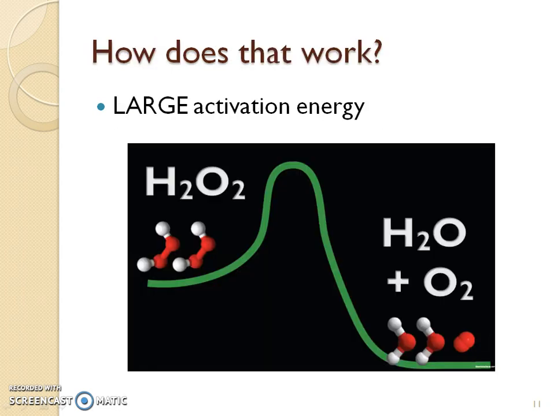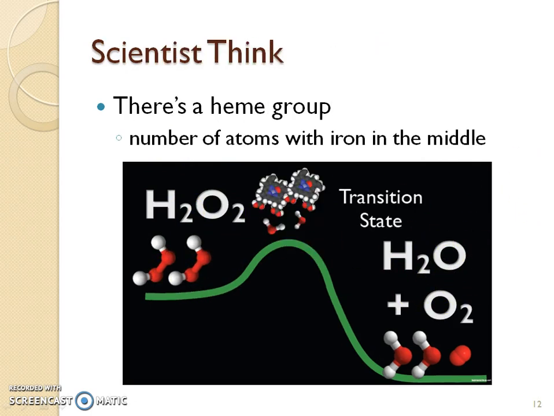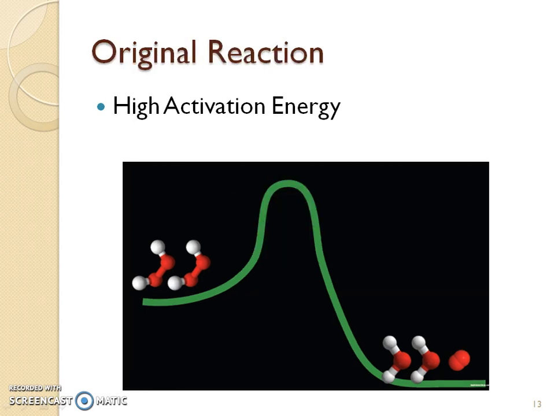So how do they work? Again, here we have a large activation energy. To get us from H2O2, hydrogen peroxide, to water and oxygen takes a lot of energy. However, scientists are thinking, there's a number of atoms with iron in the middle. Maybe we can do something with that. So what happens? We have that original reaction with a high activation energy.